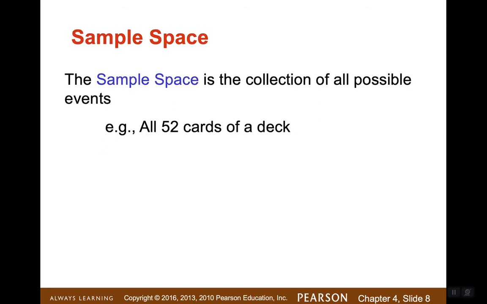When we talk about sample space, our sample space is the collection of all the possible events we could get. In this case, it's all 52 cards within the deck.